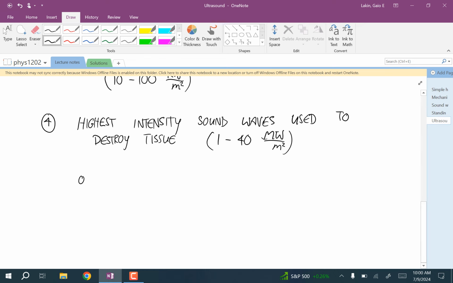And one thing that you have to consider for all of these cases is that larger wavelengths can be transmitted farther into tissue.